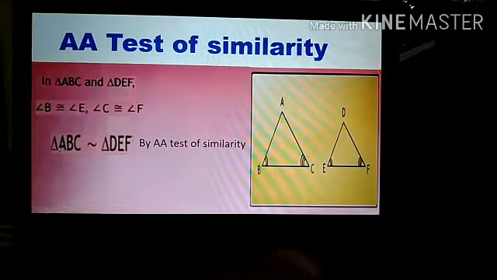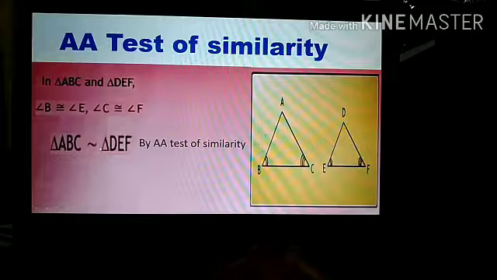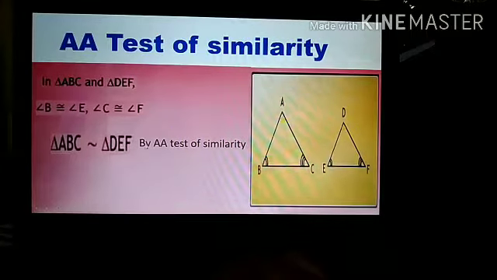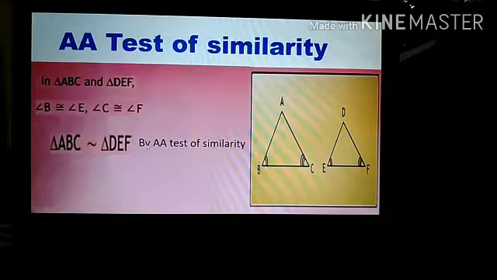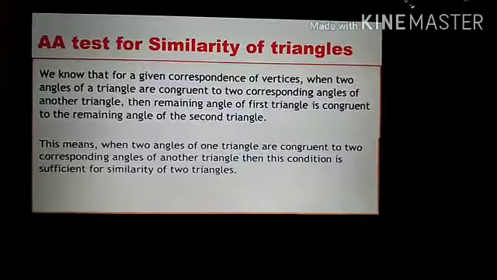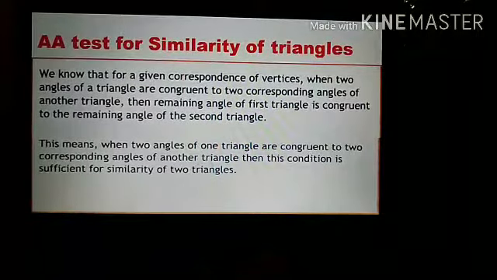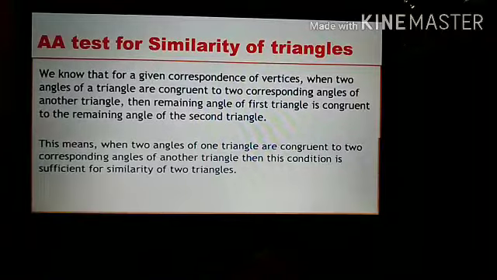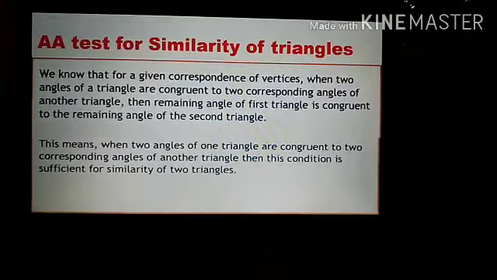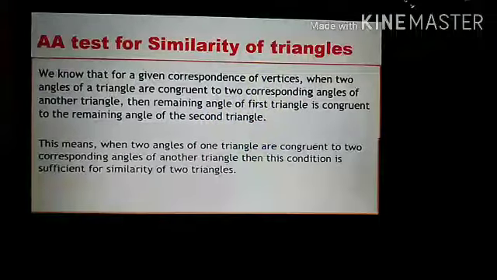Then we can say triangle ABC is similar to triangle DEF by AA test of similarity. So whenever two angles of one triangle are congruent to two corresponding angles of another triangle, this condition is sufficient for similarity of two triangles.